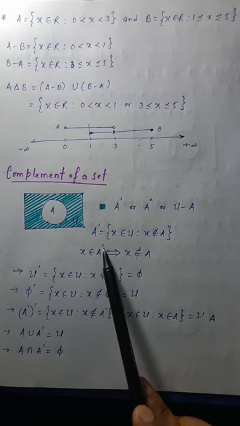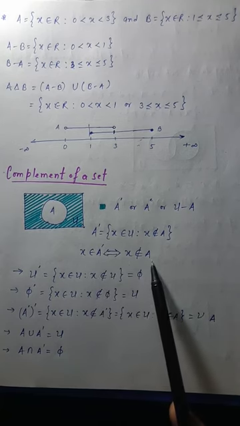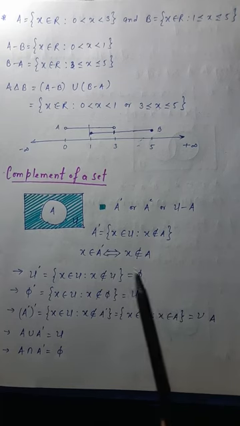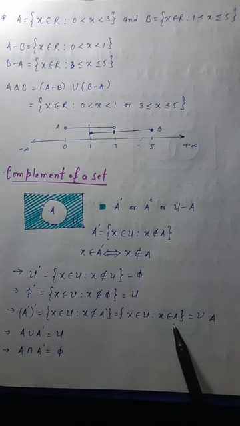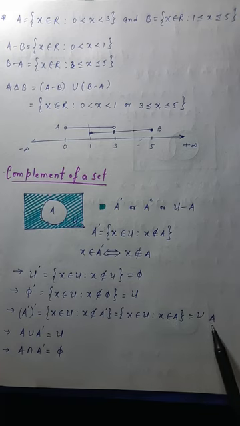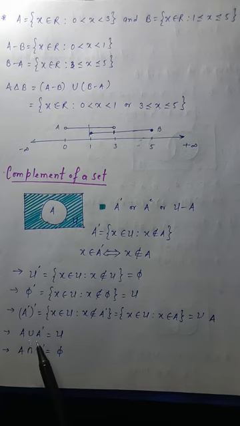When x is present in A dash, x will not be present in A. So this is vice versa. So when x is present in U and x is present in A, finally x will be present in A. Similarly, the last theorem says that A union A dash is always universal and A intersection A dash is always phi.